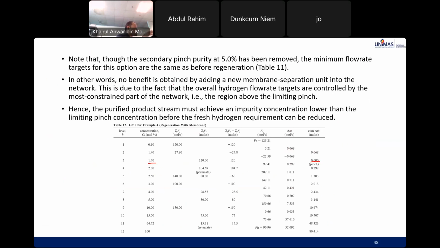Therefore, no benefit is obtained by adding this new membrane separation unit. The purity by membrane for hydrogen is not enough for this example. It requires something better, such as pressure swing adsorption.